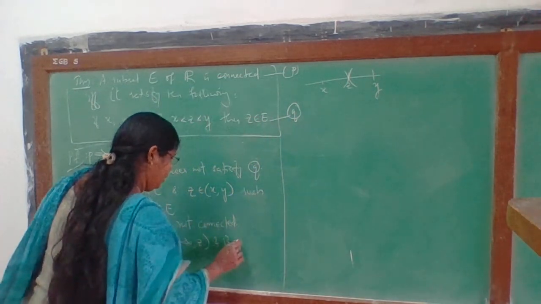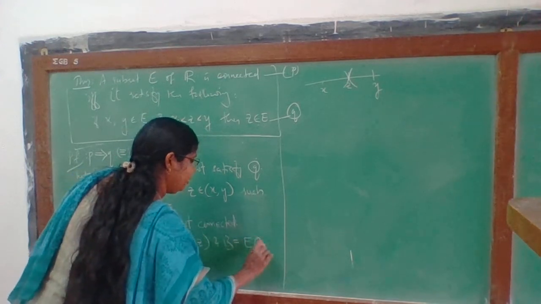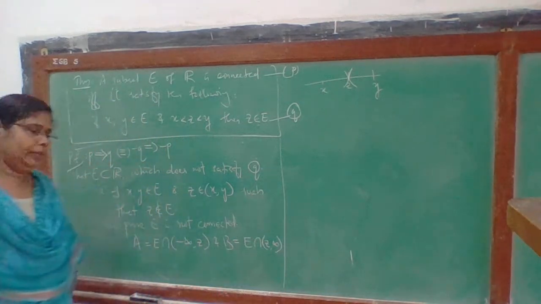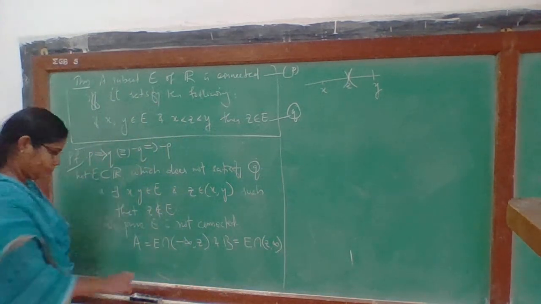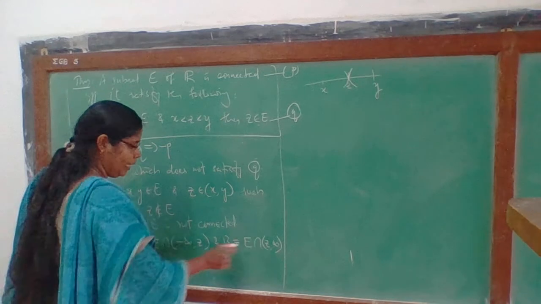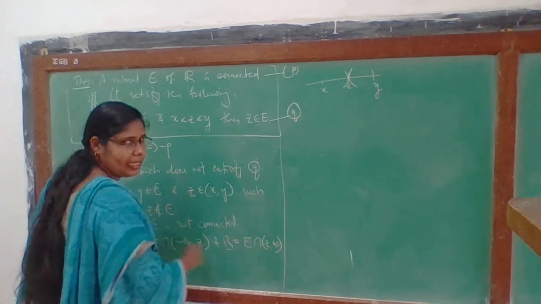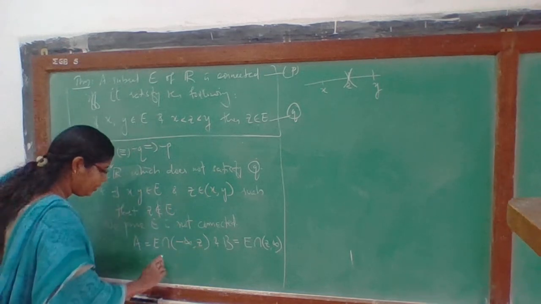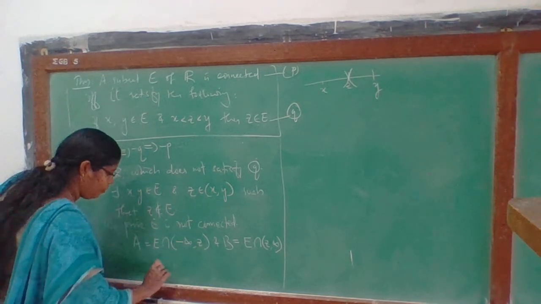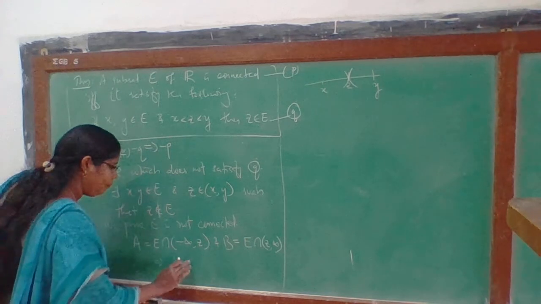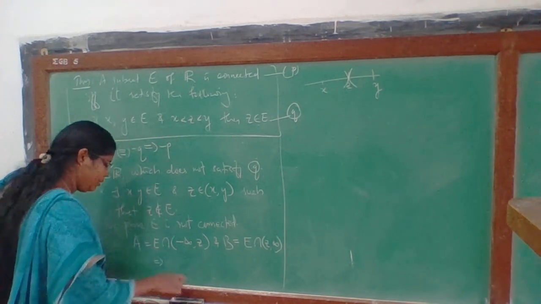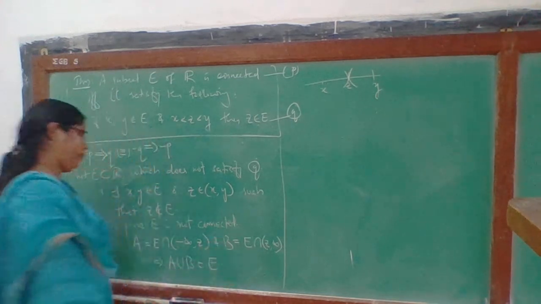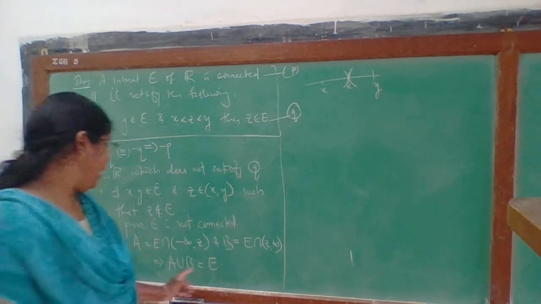That means it is E intersection (z, plus infinity). Of course, as z is excluded from these two segments, but z is not a point of E, this union will constitute E. So union of A and B will be the set E.